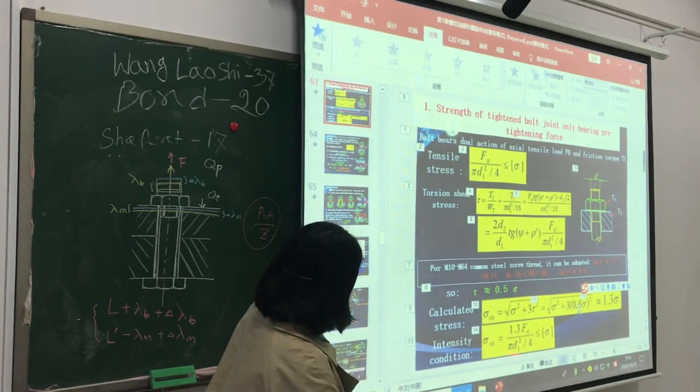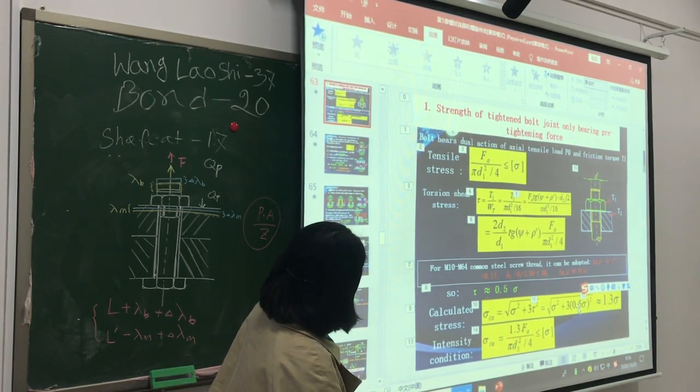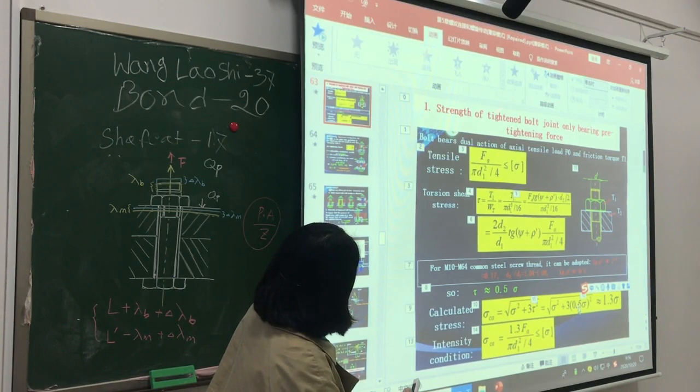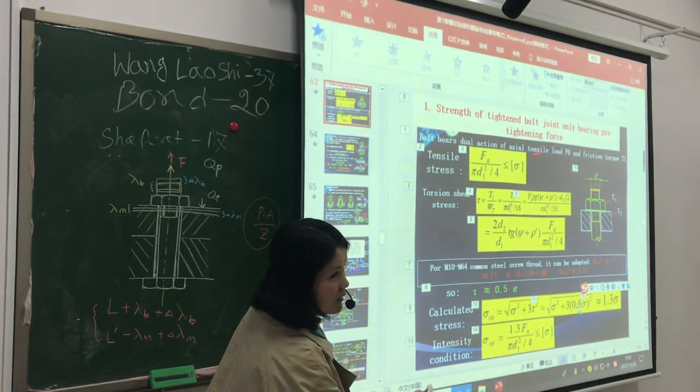This condition is for the tightening bolt only bearing the tightening force.